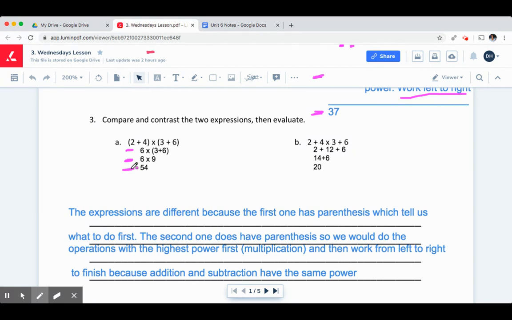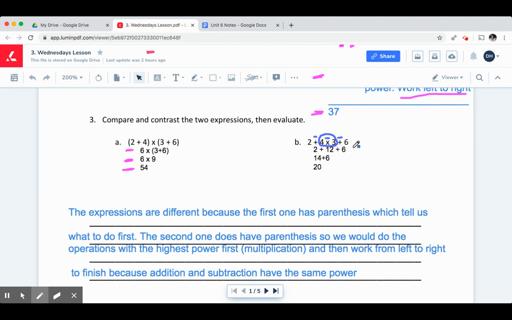When there are parentheses, I solve normally by solving the parentheses first, and then I work my way through the rest of the expression. For part B, there are no parentheses. I know that there's addition, multiplication, and addition. I should do the multiplication first, because multiplication is more powerful than addition. So I'm going to do 4 times 3, and I'll substitute in 12.